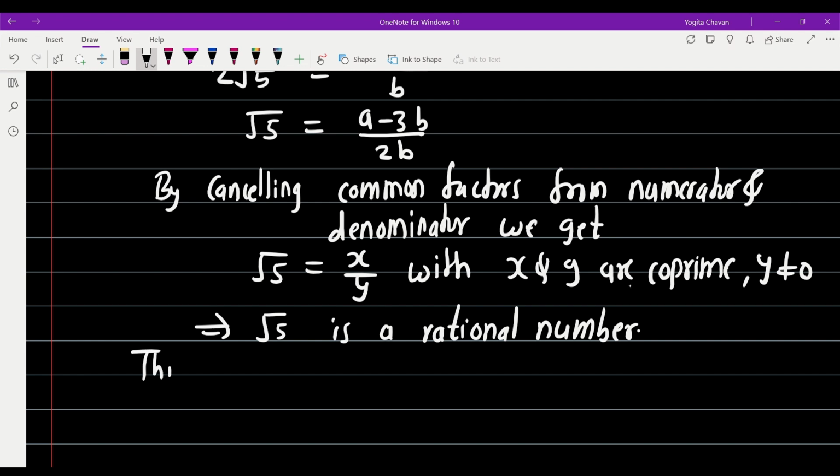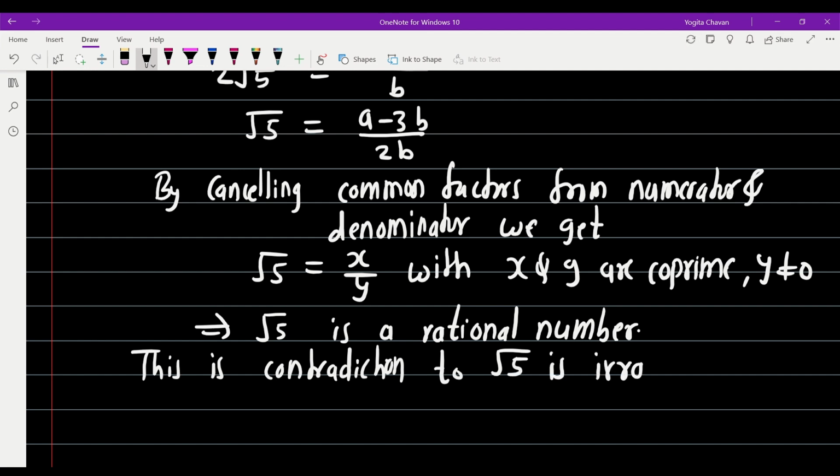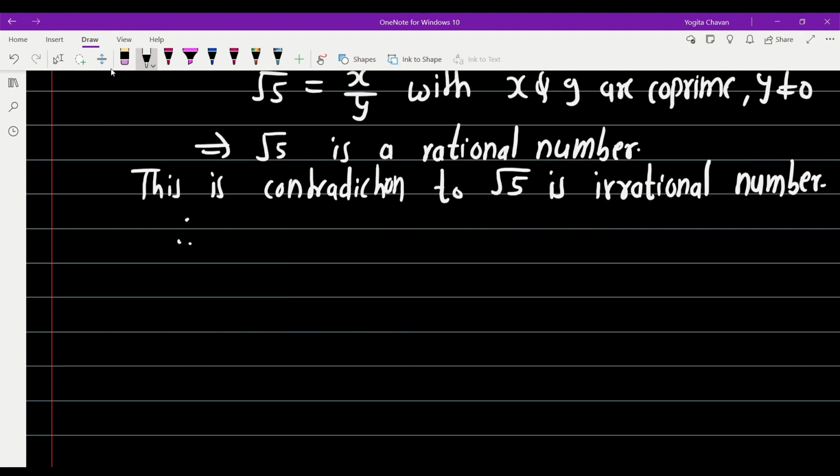So this is a contradiction to root 5 being an irrational number, and therefore 3 plus 2 root 5 is an irrational number.